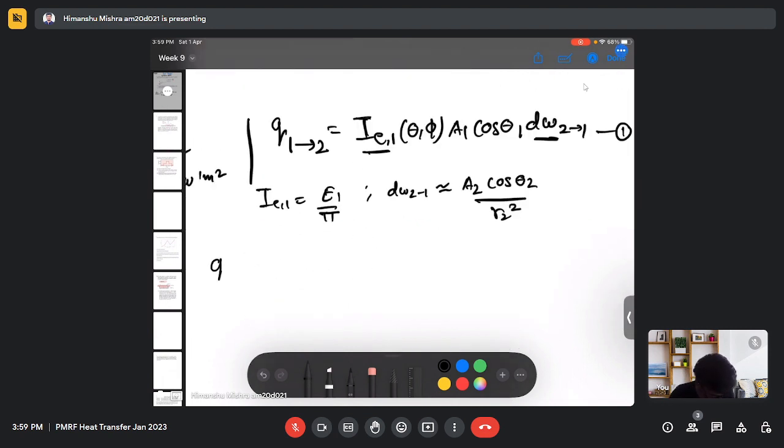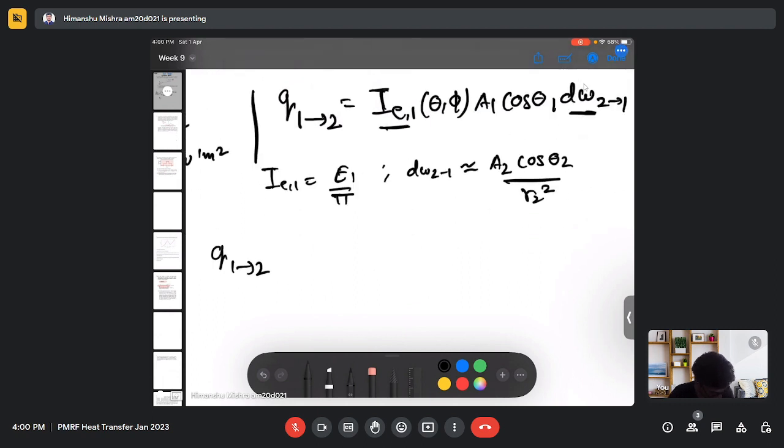Now my heat transfer from surface 1 to 2 will be this.